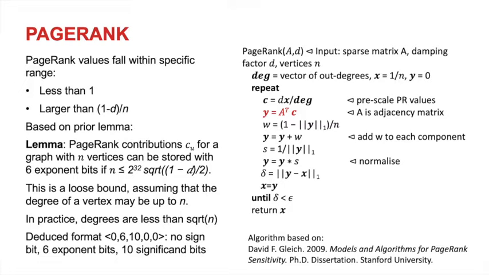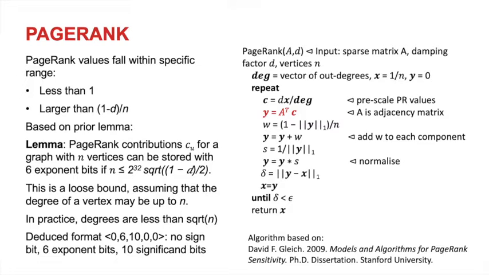Now, going back to the 16-bit format, we can argue, based on the properties of the PageRank numbers that we've given, that 6 exponent bits will suffice if the number of vertices is less than a certain value, which is essentially 2 to the power of 32 times some value dependent on the damping factor.